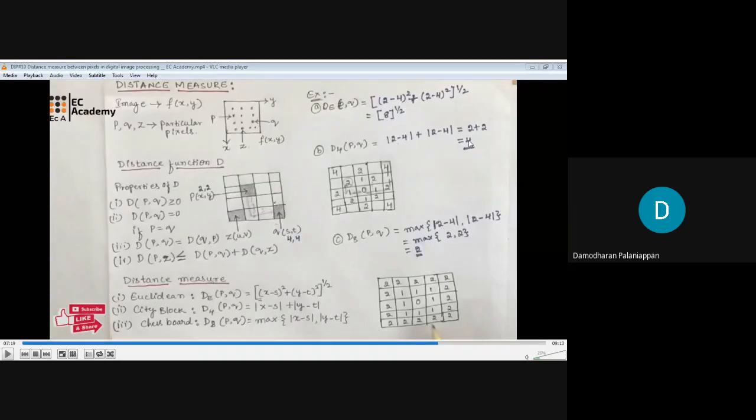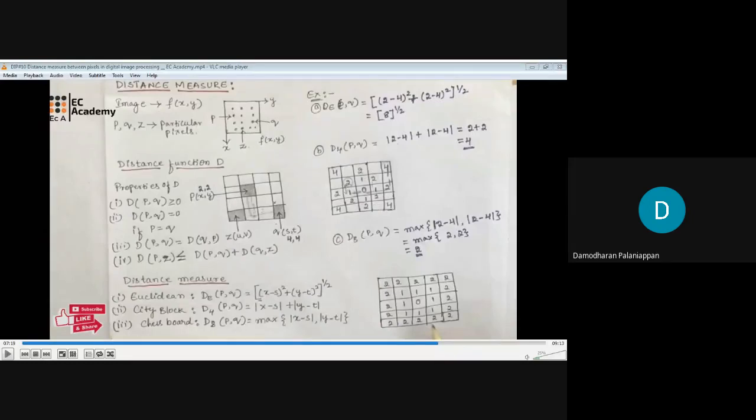Applying the formula: absolute of 2 minus 4 plus absolute of 2 minus 4. The answer is minus 2 plus minus 2. The absolute value of minus 2 is 2, so 2 plus 2 is 4. This gives the distance of the pixel in the diamond position, at 4 locations.